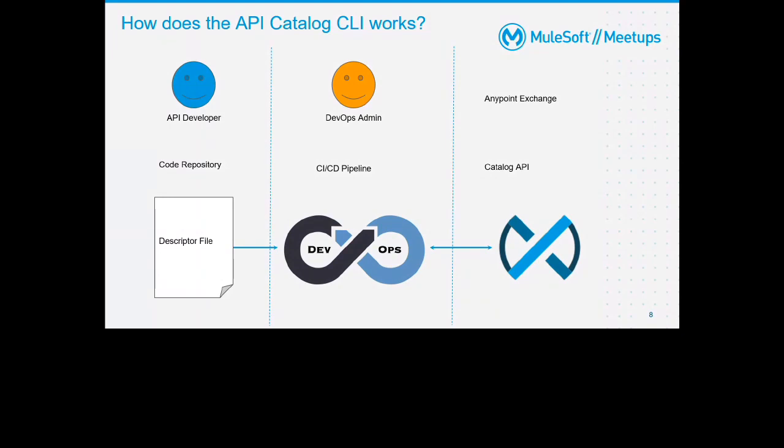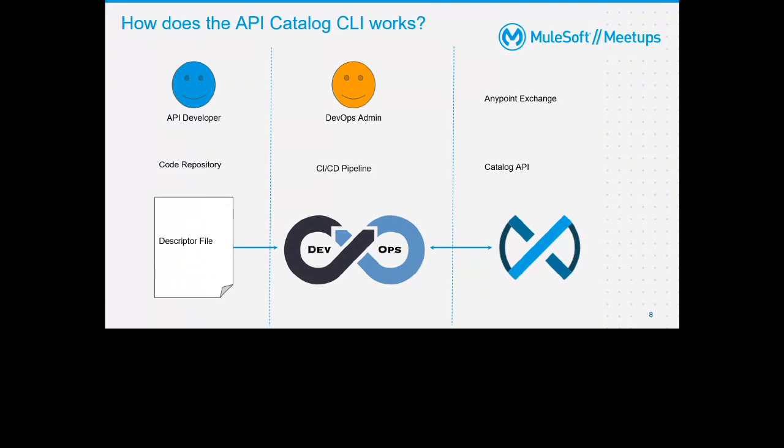So all in one place, we can say one source of truth, basically, on exchange. On exchange, you'll find all the documentation of the API. That's where you'll find Mule API specifications and non-Mule API specifications available on exchange.